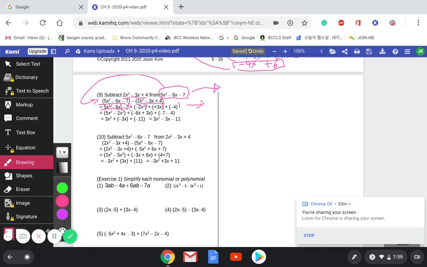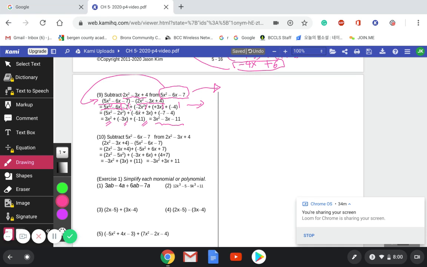And then if you simplify each group of like terms, 5x squared minus 2x squared becomes 3x squared. Negative 6x plus 3x becomes negative 3x. Negative 7 minus 4 becomes negative 11. So you end up with that.